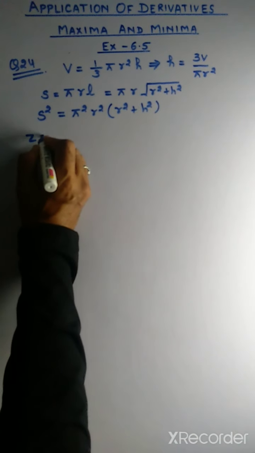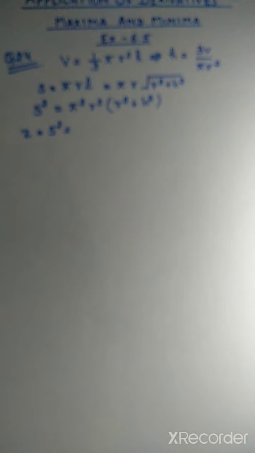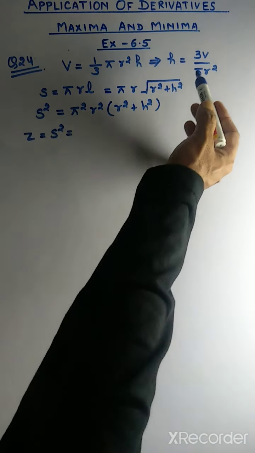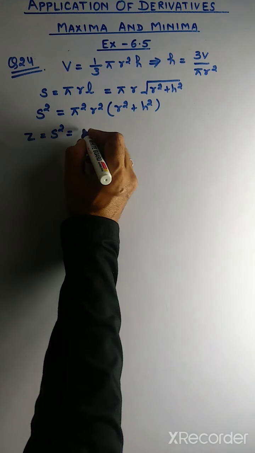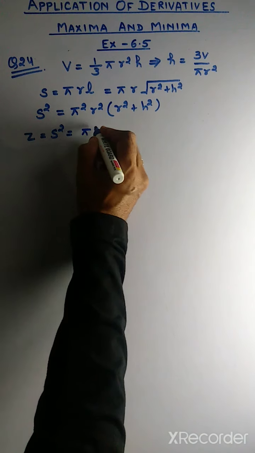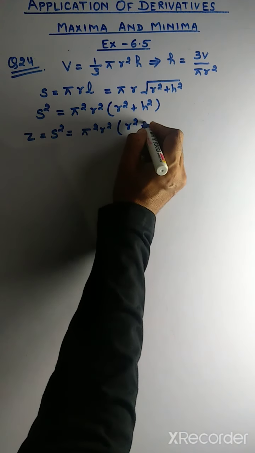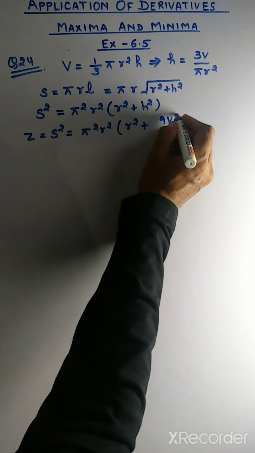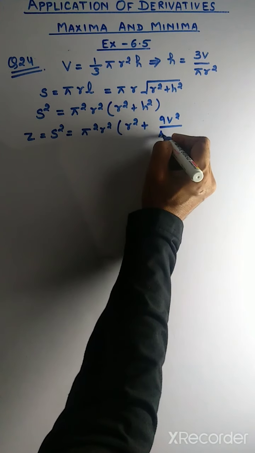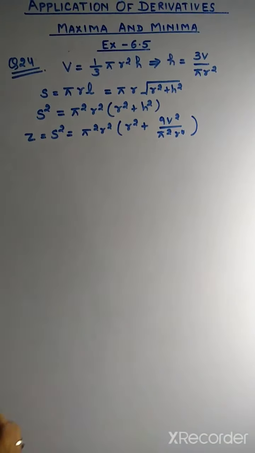Now suppose z equals s square, and putting the value of h as 3v upon pi r square, it is pi square into r square plus h square, which will be 9v square upon pi square r raised to the power 4.